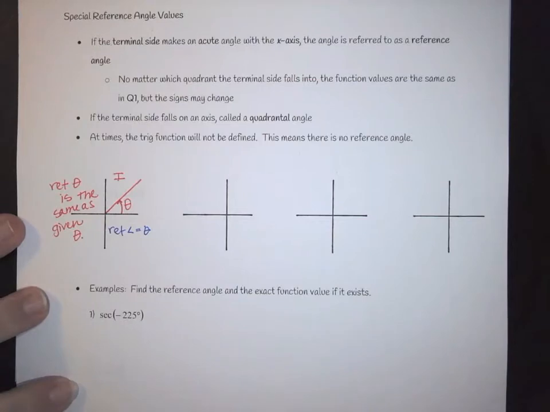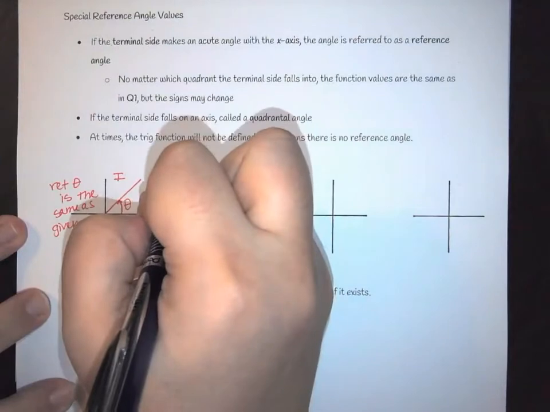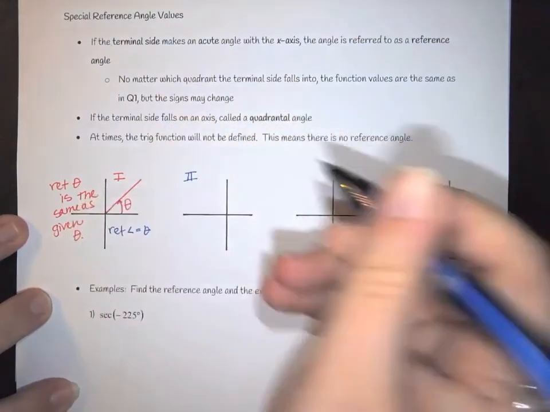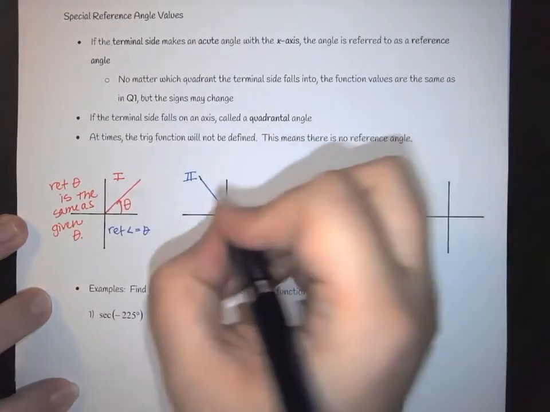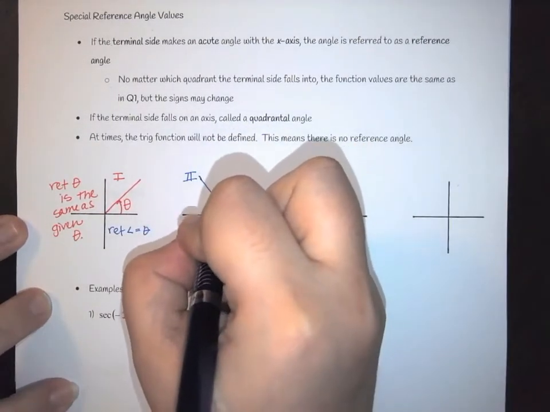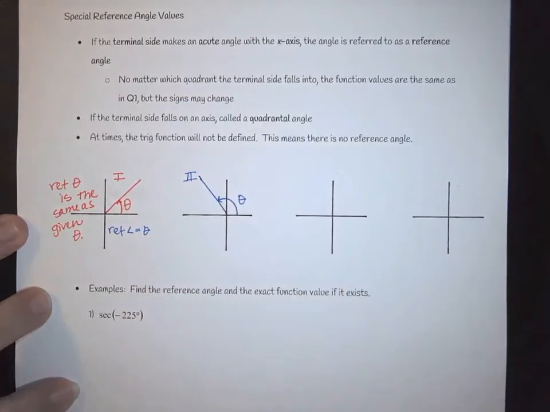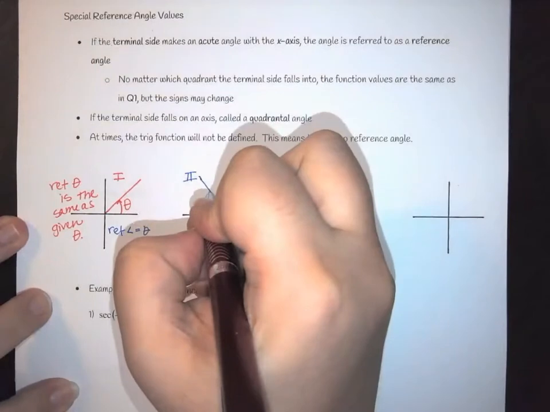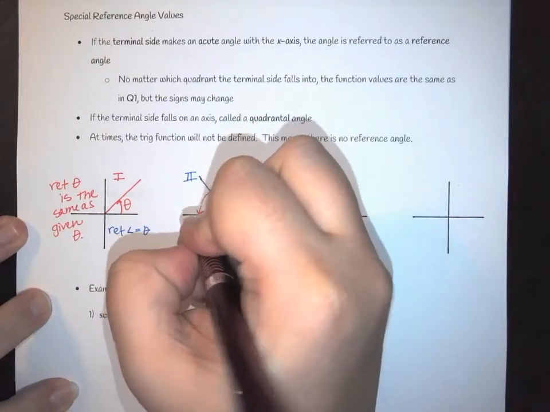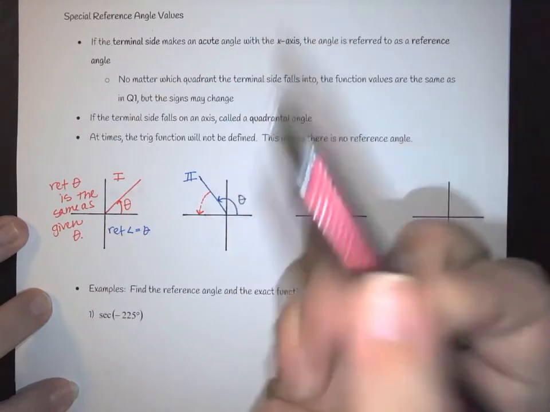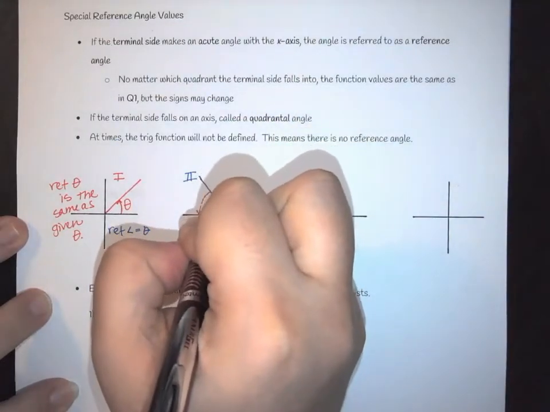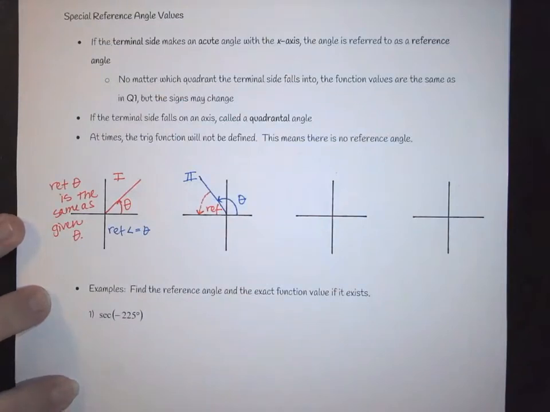Now, what happens if we are in quadrant 2? So quadrant 2 would have an angle that would shoot out, kind of like this. And so this part right here would be your theta angle. What that means is that this part here that goes from your terminal down to your x-axis would make your reference.